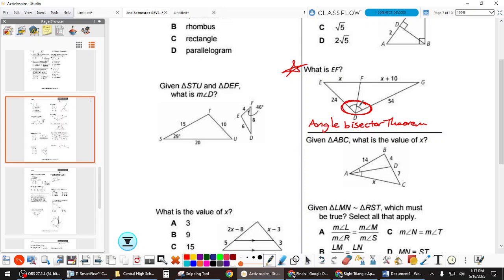Yeah, so remember, this angle is bisected, so it's saying that these two pieces can be written as a proportion. So tell me, Silvana, what that would look like. Yeah, you got it.